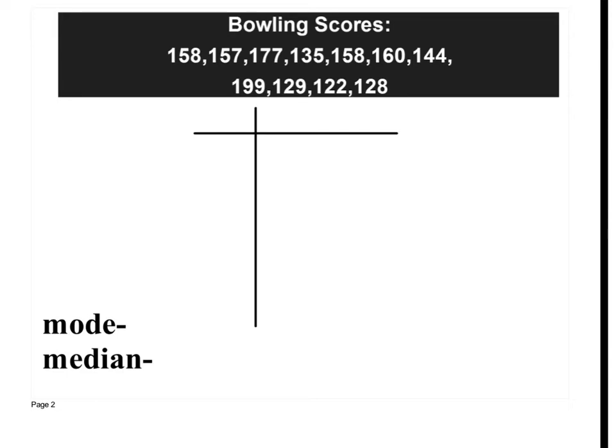So this part is the stem, and it's the greatest place values. This is your leaves, and that's the least place value, the smallest. So I start with my smallest number, which is 122, and my stem is going to be 12, and my leaf is going to be a 2.